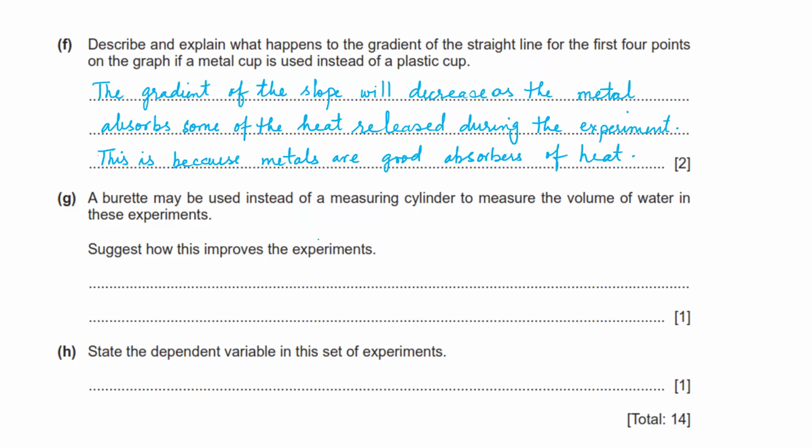Then part G says a burette may be used instead of a measuring cylinder to measure the volume of water in this experiment. Suggest how this improves the experiment. A burette is generally a more precise measuring tool compared to a measuring cylinder.